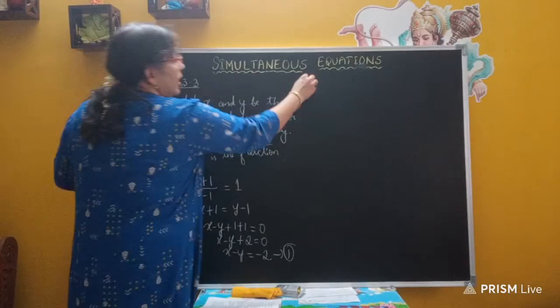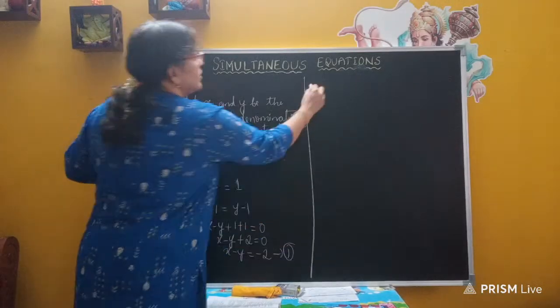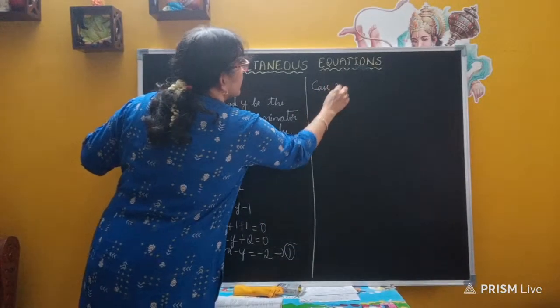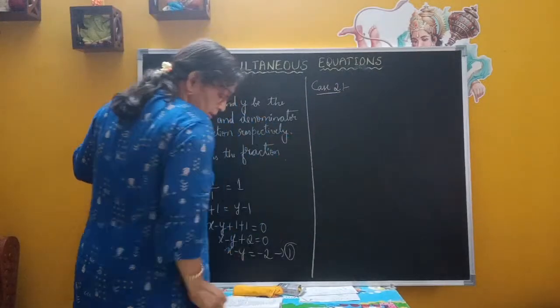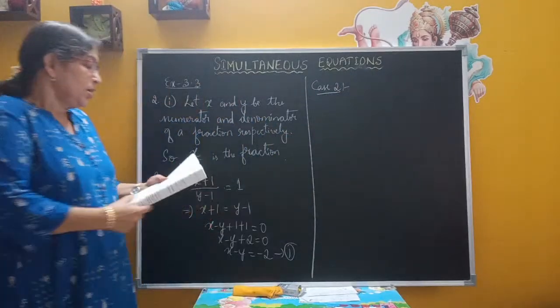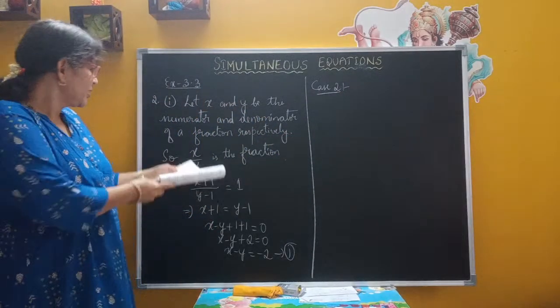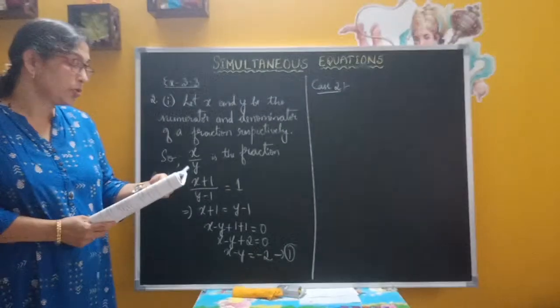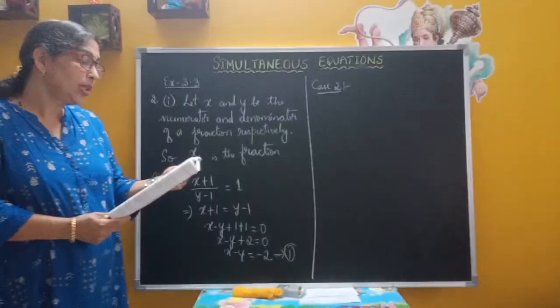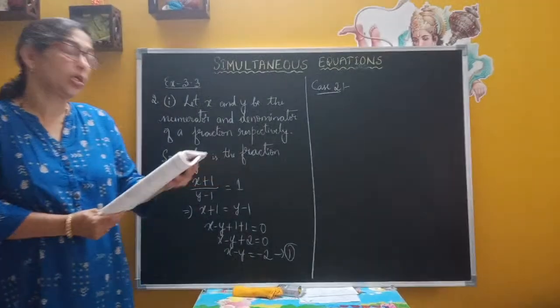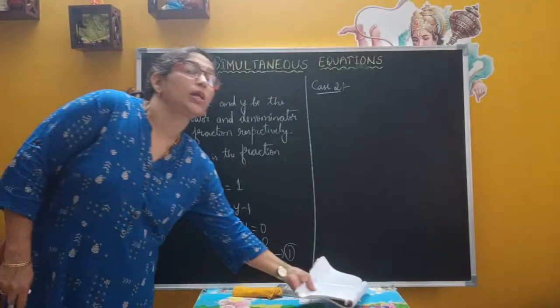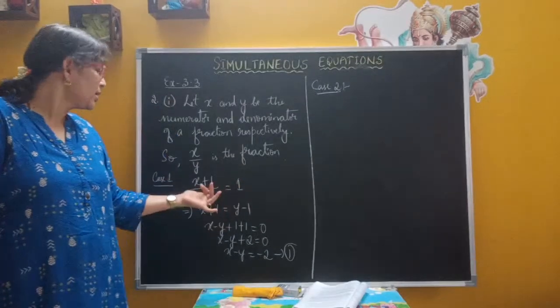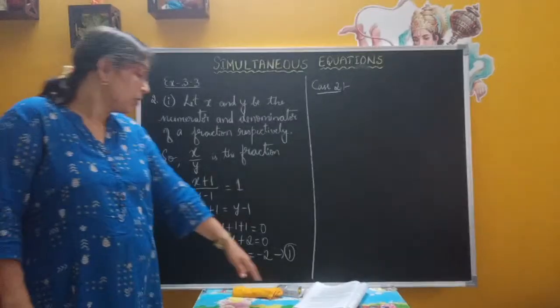Now the second case: it becomes 1 by 2. This x by y becomes 1 by 2 if we only add 1 to the denominator. We are not doing anything with the numerator now; for the denominator we have to add 1.